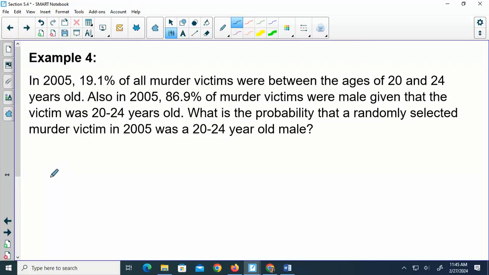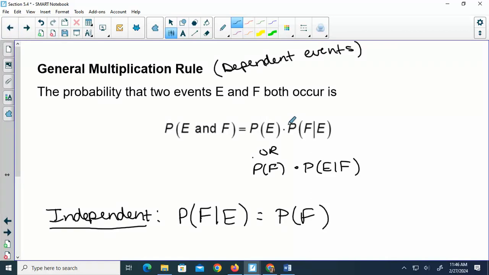So, from the same example that we were just doing, what is the probability that a randomly selected murder victim in 2005 was a 20 to 24-year-old male? So, I am asking you to find the probability of male and 20 to 24. We can use a couple different variations of this, depending on what we have.